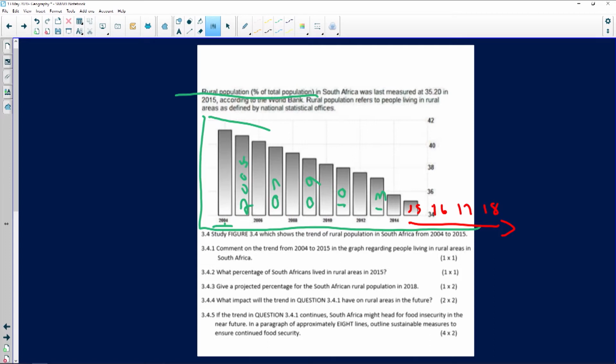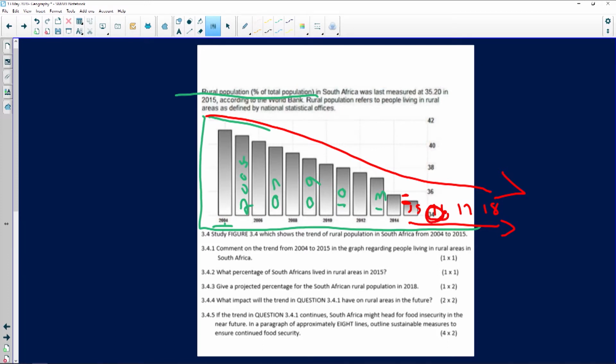Now, as you can see, the projection of this bar graph shows us it's declining, completely declining. Every single year from 2014 up until 2018, let's just assume it decreases by that much. Where do you think the bar graph will be represented in 2018?